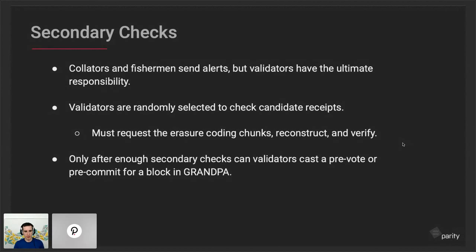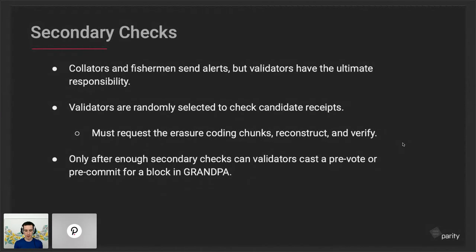So now I have this thing called secondary checks. Collators and fishermen are going to send alerts that say, hey, this is invalid or this is unavailable. But it's ultimately up to validators to make sure that only valid data is getting into the chain. And so we start randomly selecting them again to actually check this stuff. This is not the 10 validators who were selected randomly on this parachain.